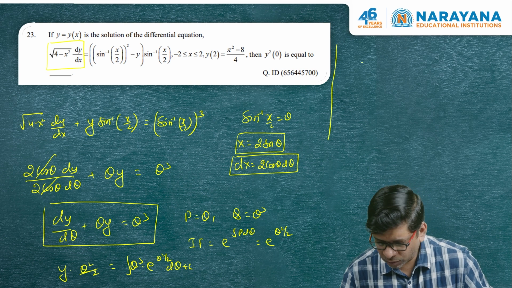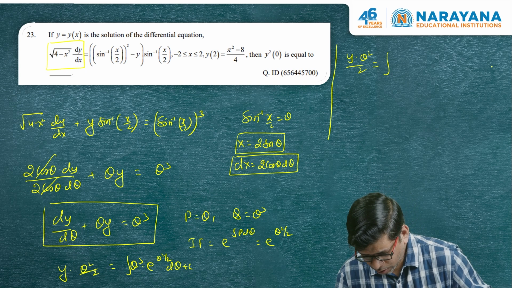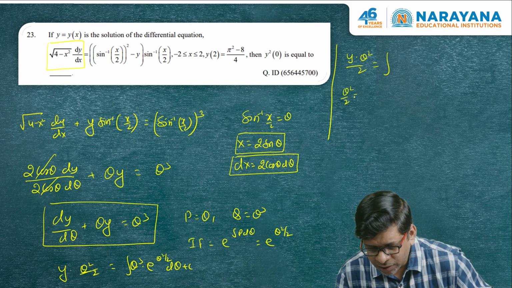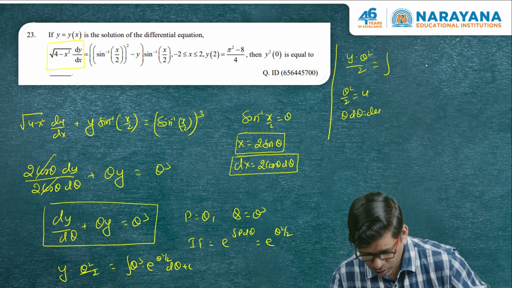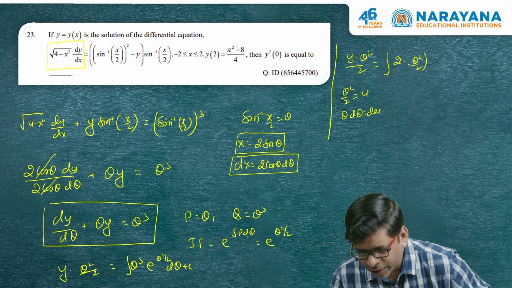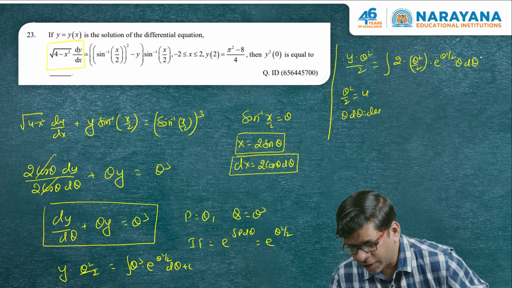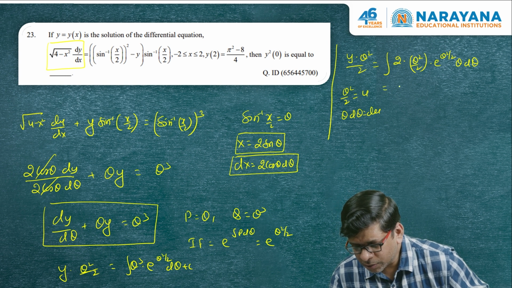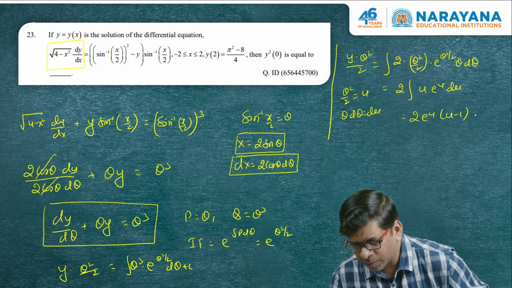If you put theta squared by 2 as a new variable u, then theta d theta becomes du, because 2 will get cancelled. So this becomes 2 times u e^u du, which is 2 e^u (u minus 1) plus c.